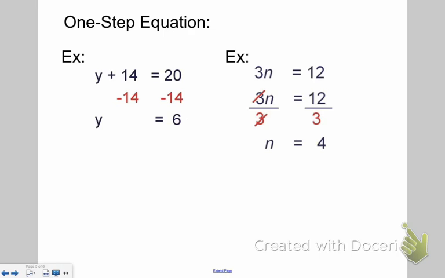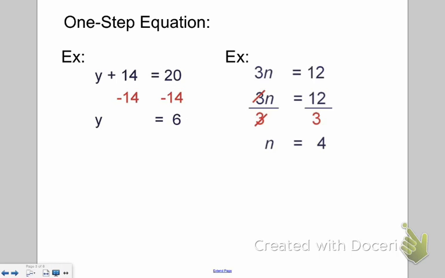So the first type of equations that you first learned were one-step equations, where it only took you one inverse operation, which means opposite operation, to get to your answer. So if we look at the first example where we have y plus 14 equals 20, there's only one number that we can add to 14 that's going to give us 20.